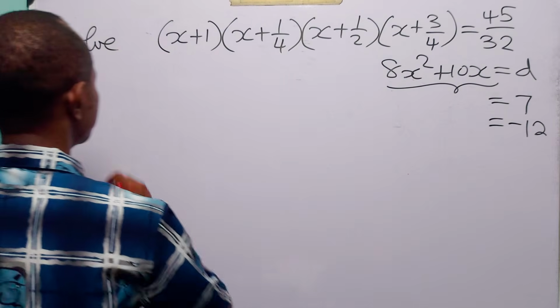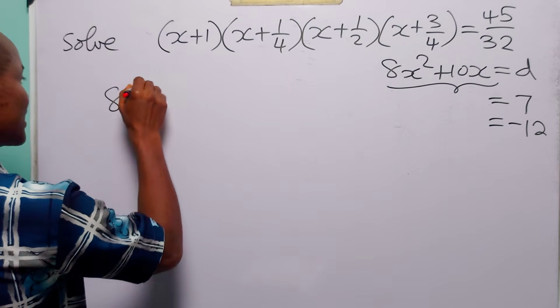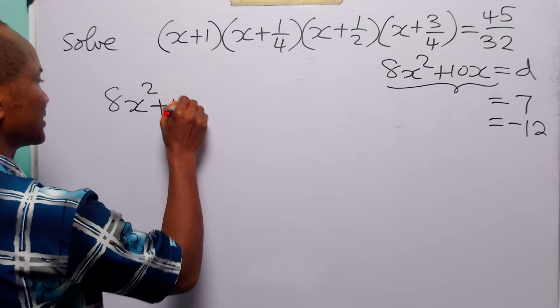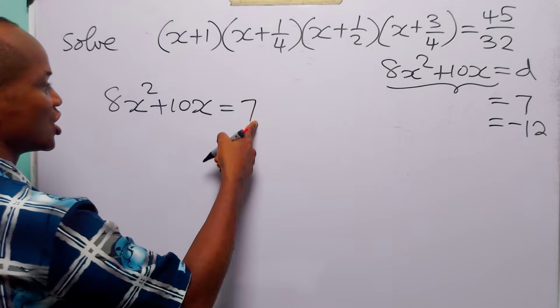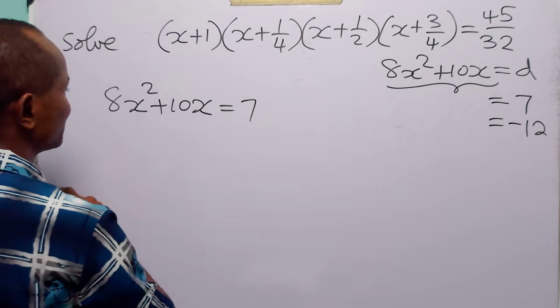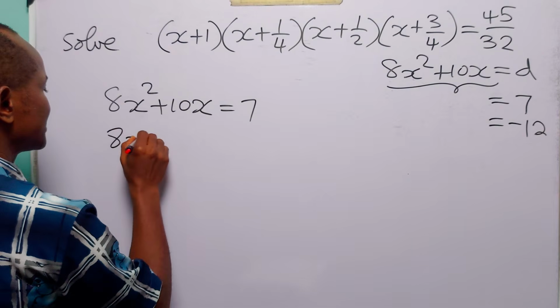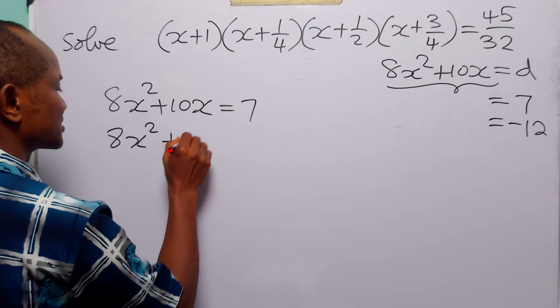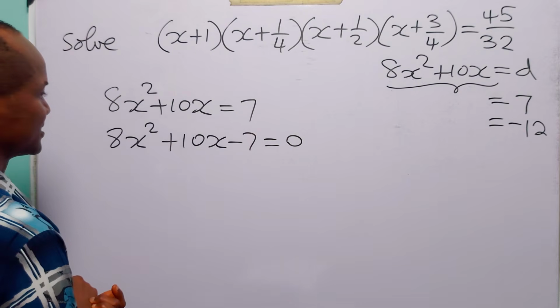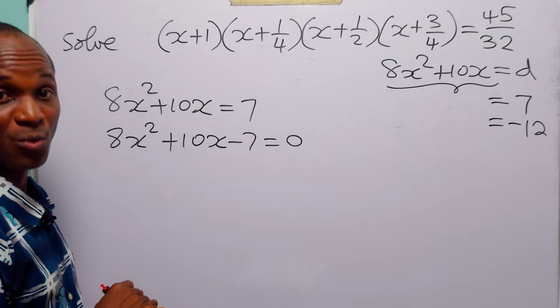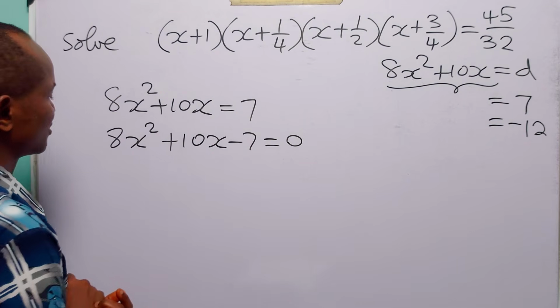Now, in the first case, we have that 8x squared plus 10x is equal to 7. Subtracting 7 from both sides of this equation, we have 8x squared plus 10x minus 7 is equal to 0. Now, we can solve this quadratic equation by factorization.